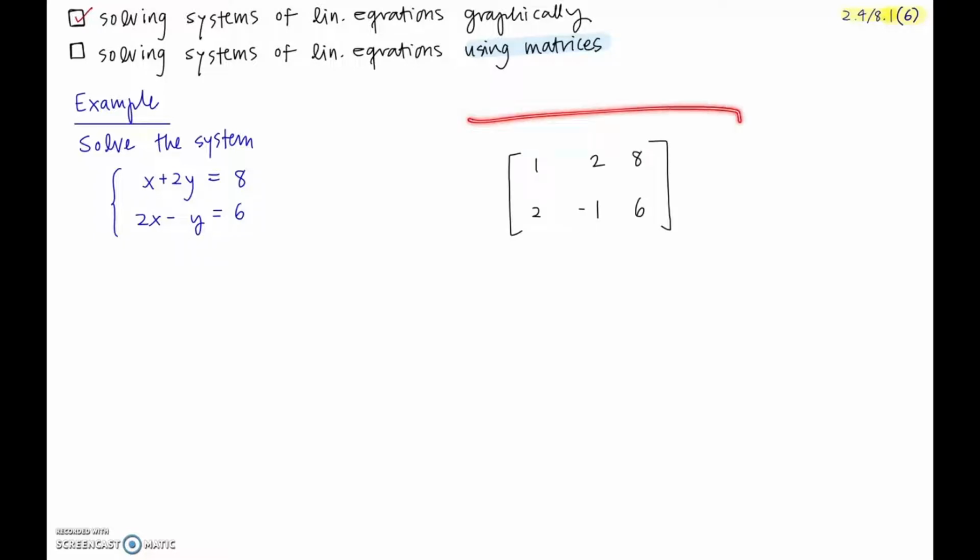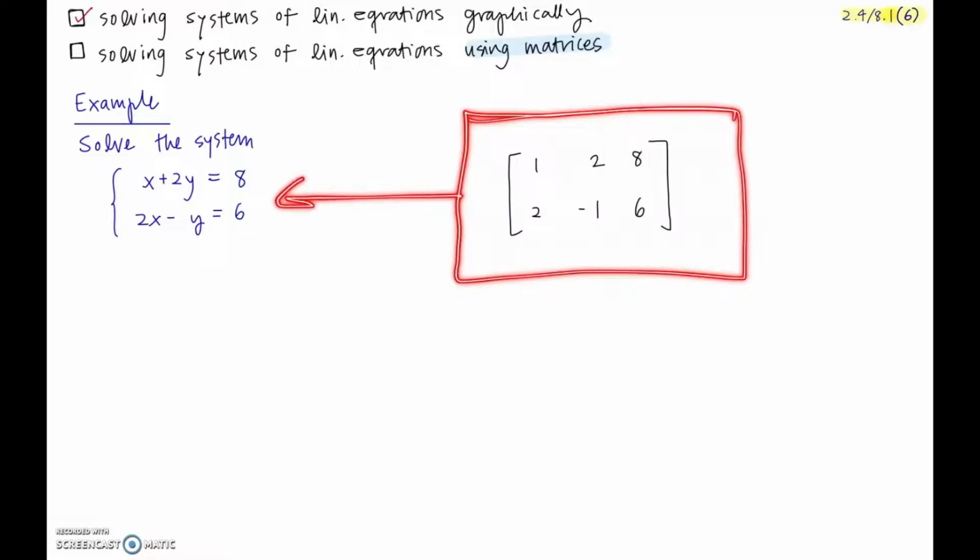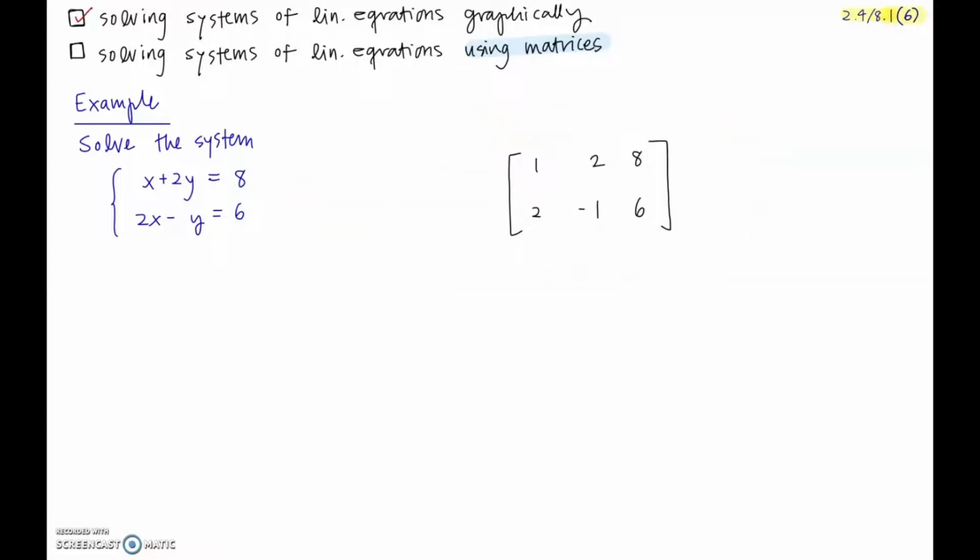Okay, I want you to just look at this object here and notice what this object has to do with this system of equations. The first thing you probably notice are these little square brackets. And this is kind of indicating to us that we're looking at an array of numbers. We've got some rows, we've got some columns, but these numbers are arranged in this sort of rectangular grid pattern.